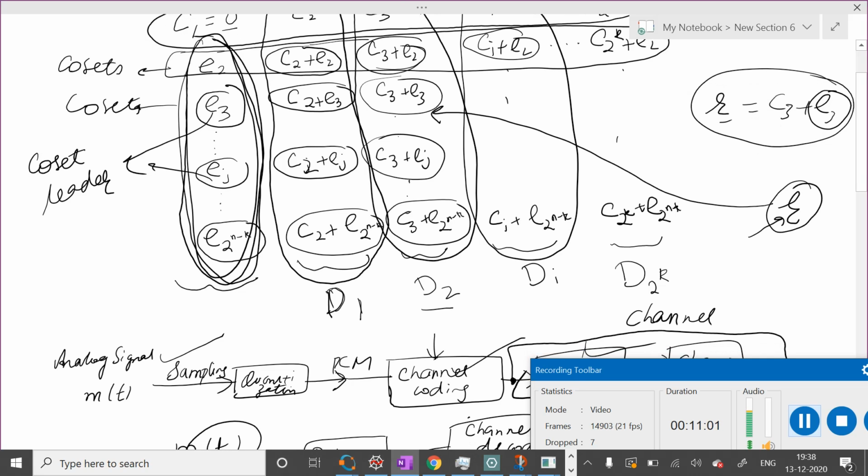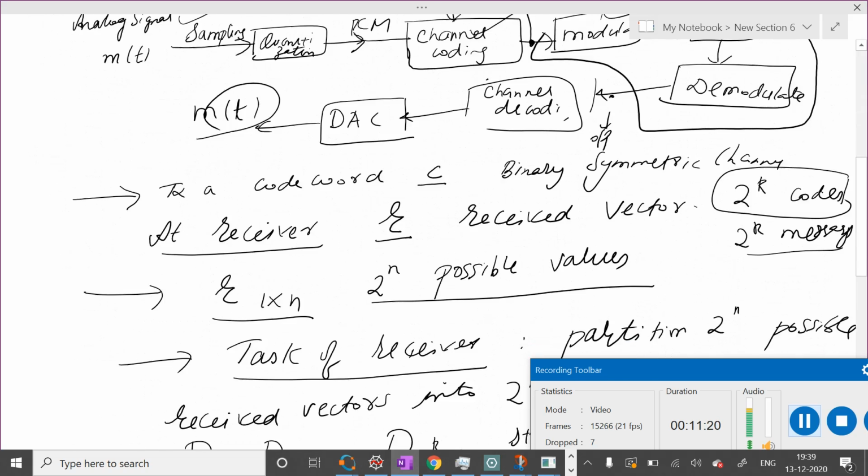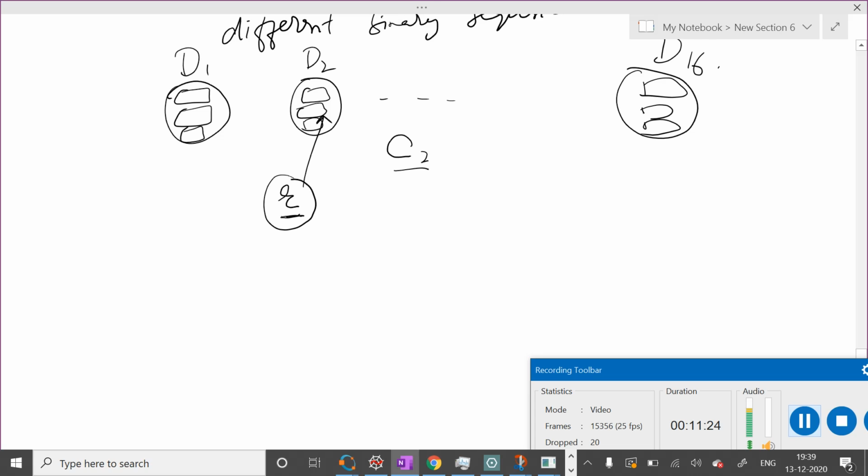Depending upon what this error pattern is, the receiver can easily detect at which bit there is an error and correct the error also. As I told you, hold on, because it will be more clear how to do it when I take the example. I will just write the general steps here, then we will see the example.